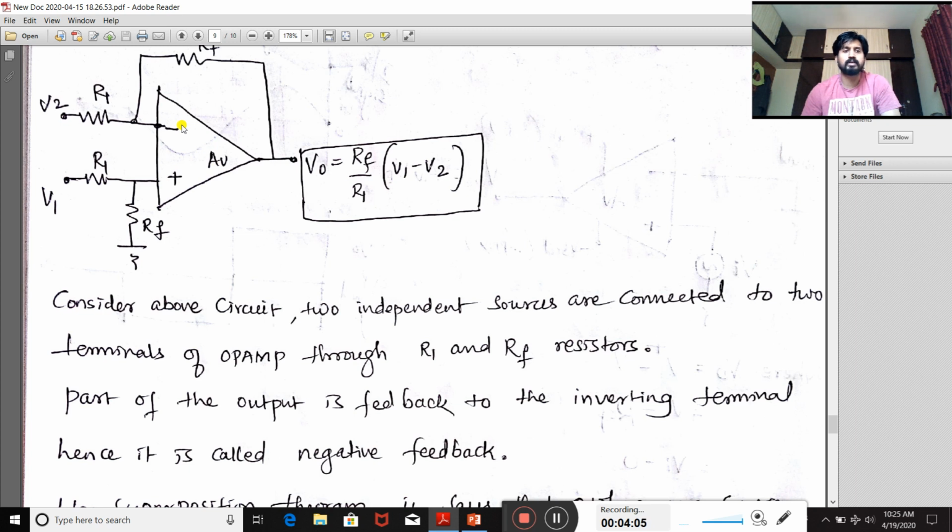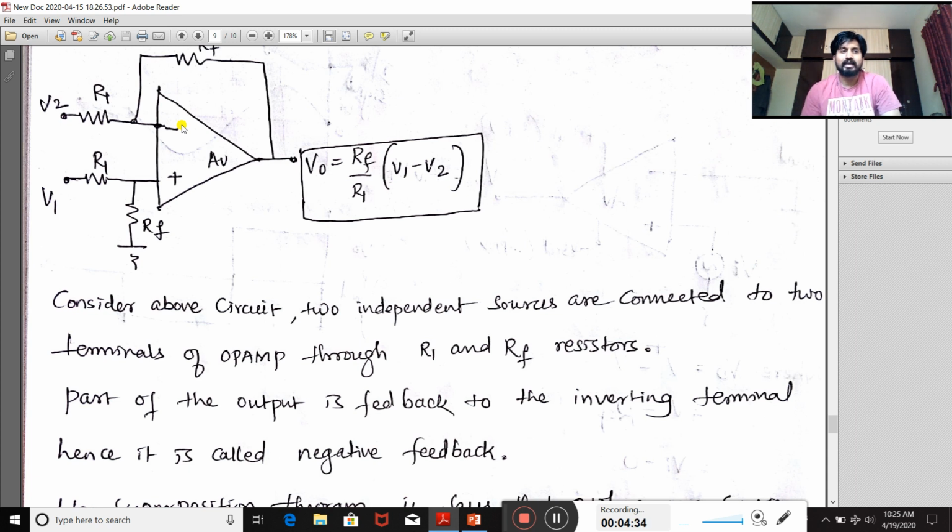What does the superposition theorem tell? Whenever you are using two independent voltage sources or current sources, one voltage or current source is acting and the other source should be grounded. If it is a voltage source we have to short it, if it is a current source then we have to make it an open circuit, and we should do the derivation.